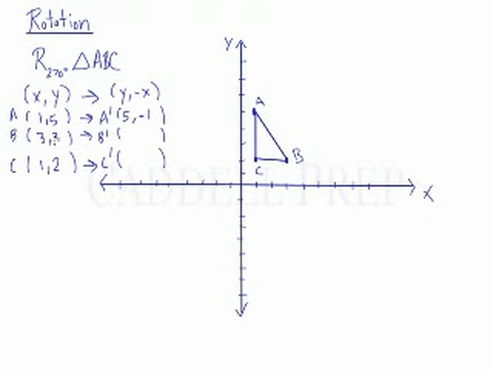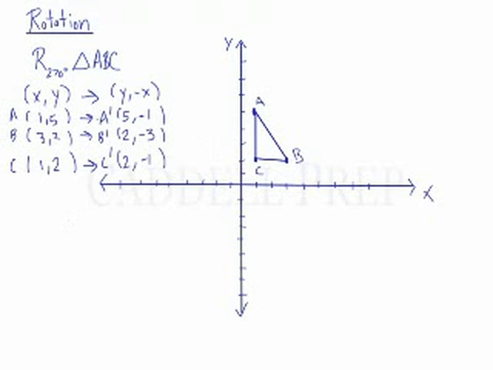Now B to B prime, we take the y coordinate first, so 2 becomes our x coordinate. This x coordinate 3, we make it negative, and it's going to be the y coordinate for B prime. If you just follow the rule up here, it'll make it a lot easier. This x goes here but negative, this y goes here.